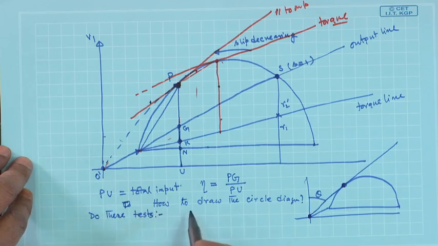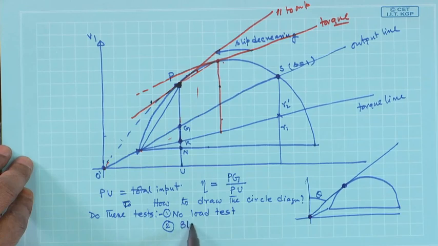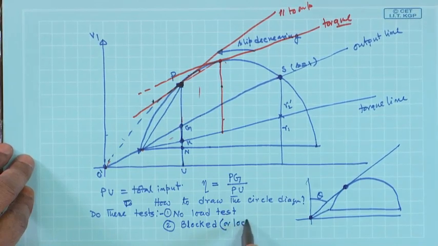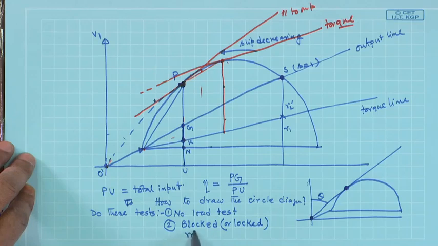One is called the no load test, and the other is called the blocked rotor test. Blocked, or some people call it locked, same thing, locked rotor test.